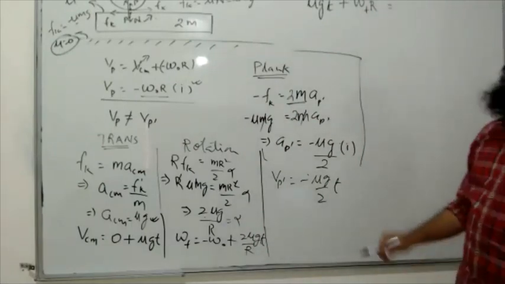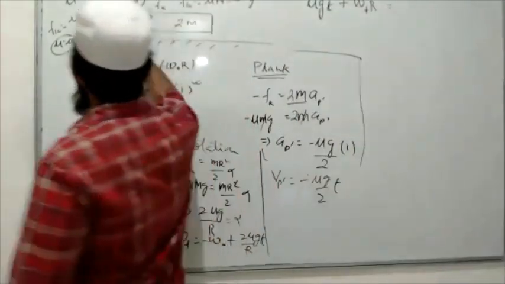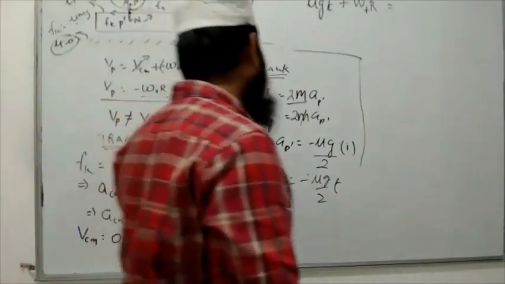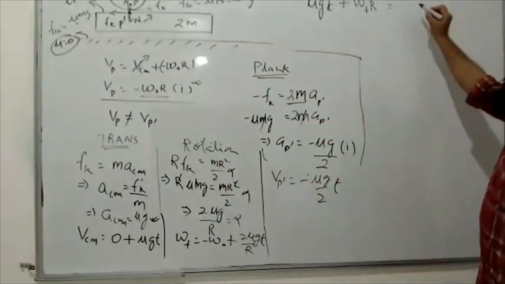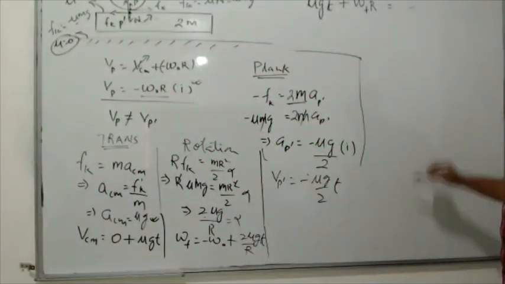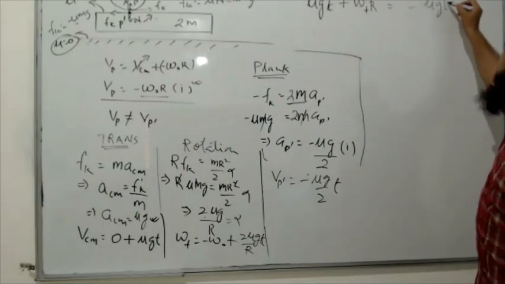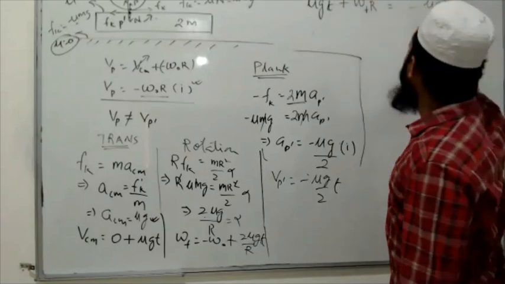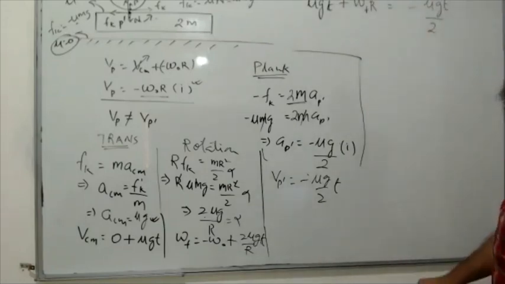The velocity of the point P dash will be equal to this value. Its value will be minus mu g t divided by 2, and I have to calculate this t. Is it clear?